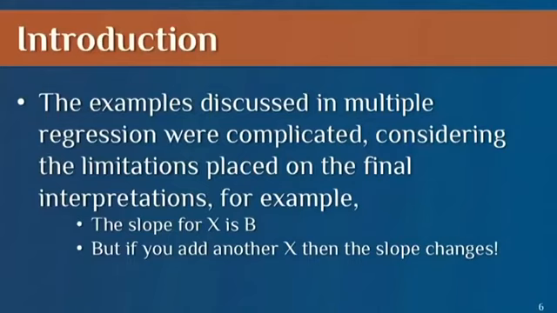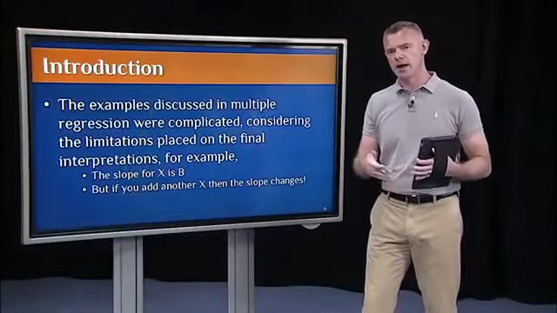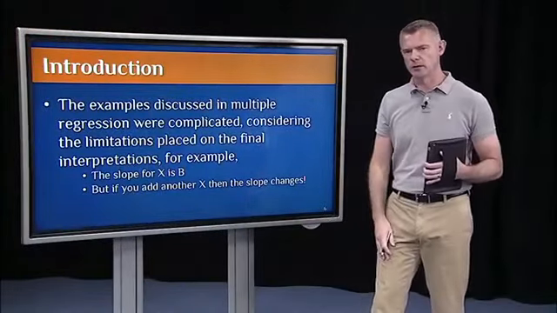So just an example, from simple regression to multiple regression, in simple regression you say, well, the slope for some predictor is b, that's the value, and then say, oh, but wait, now I've added in another predictor. That's no longer the slope, it's changed because we now have multiple predictors in the regression model.